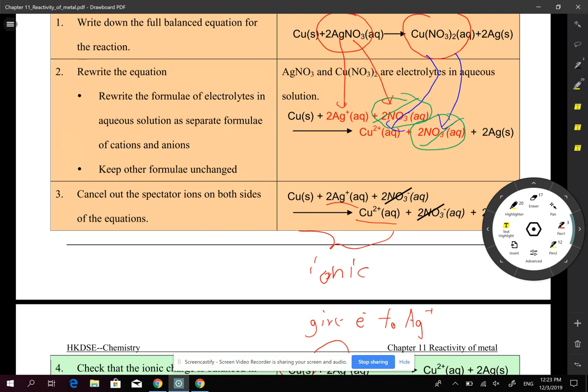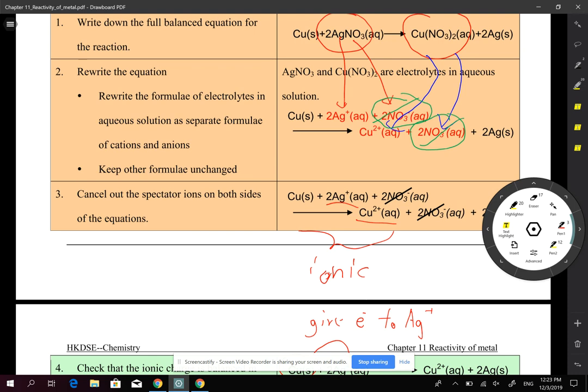So can you rewrite the reactions into ionic equations? SO4 is spectator, and then zinc plus hydrogen ion.